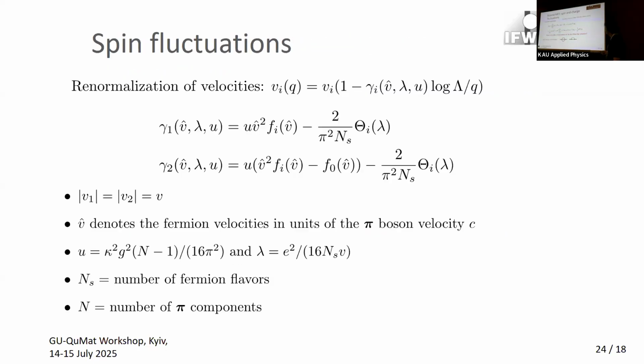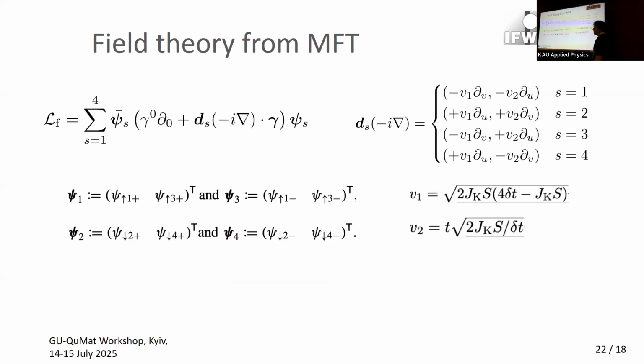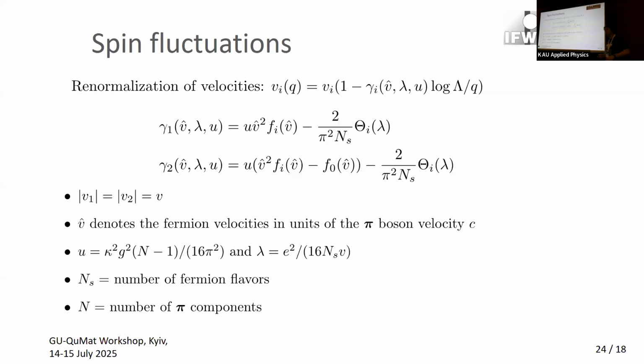This lambda that I introduced here is not the same lambda as before, so I apologize for that. It's more or less the fine structure constant of the altermagnet, e squared over v, related to the Coulomb interaction. What you want to see is how these velocities that appear here will renormalize. Why are we doing that? You want to see what the dynamic exponent is. Is it linear or not, like in the standard Dirac theory, right?